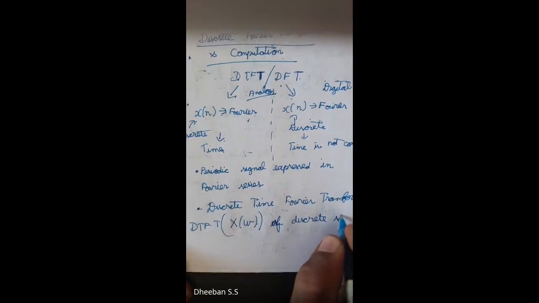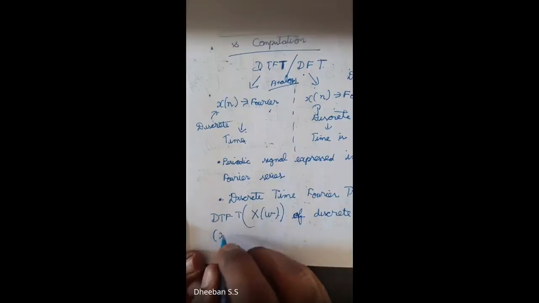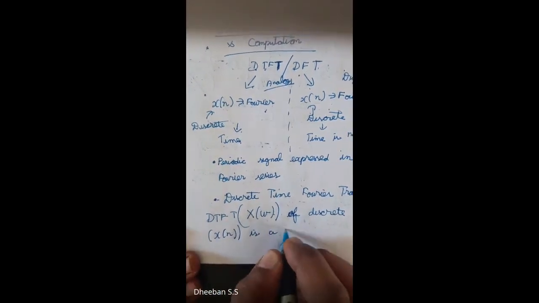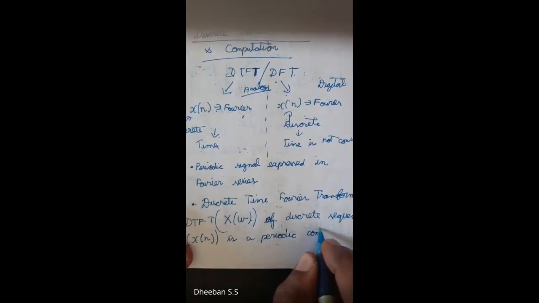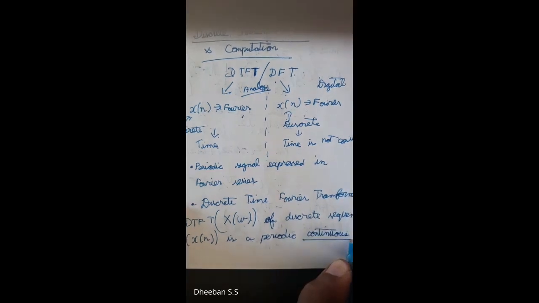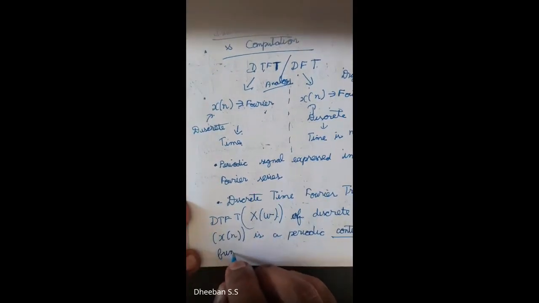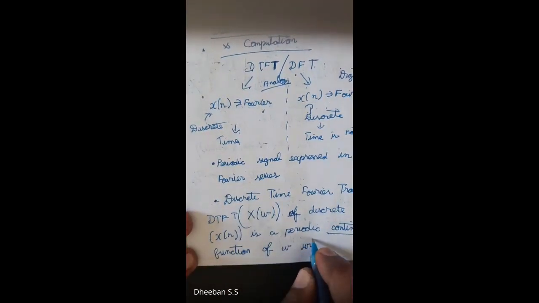The discrete sequence is what I said, your x of n; in the bracket you put x of n. It is a periodic continuous function. You just underline the continuous function of omega with period 2 pi.